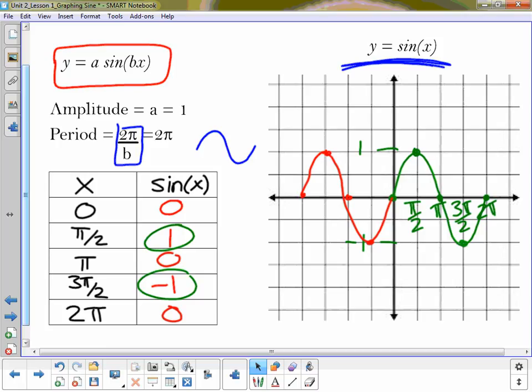Once you have 1 period of sine graphed, you can just continue going as far as you want to. For the next couple weeks, it might be handy to have some graph paper on hand. If you don't have it today, bring it with you, so you can make nice, neat graphs.